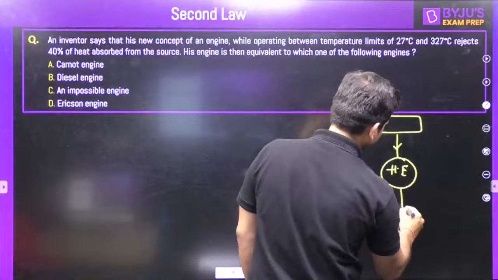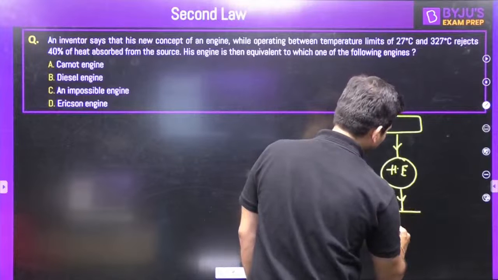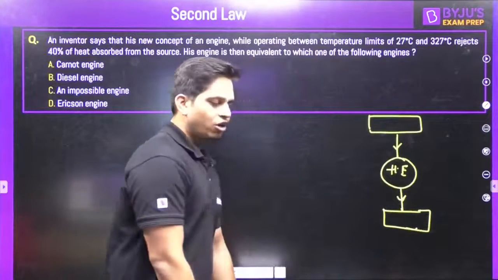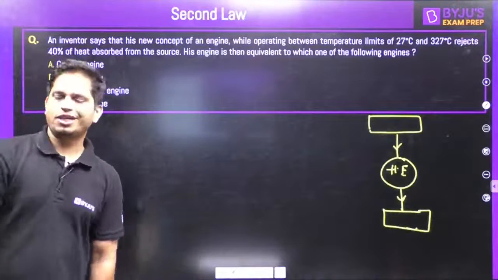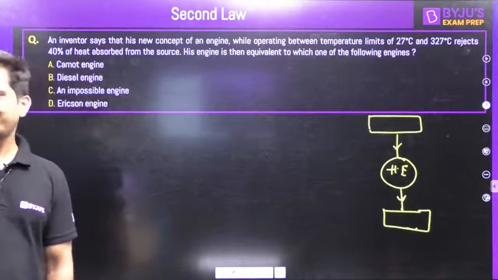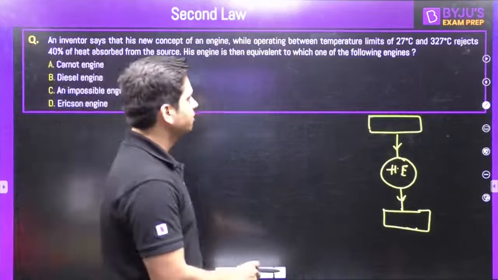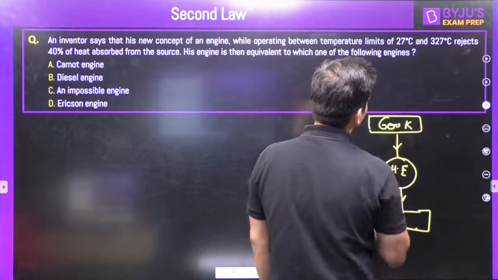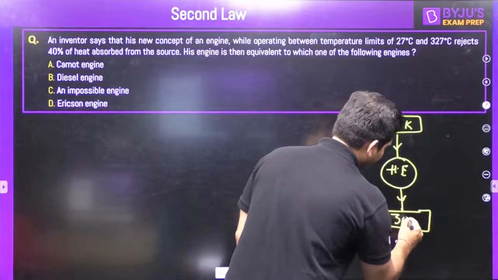How much is 327 in Kelvin? 327 plus 273, that is 600 Kelvin. And this is 300 Kelvin.